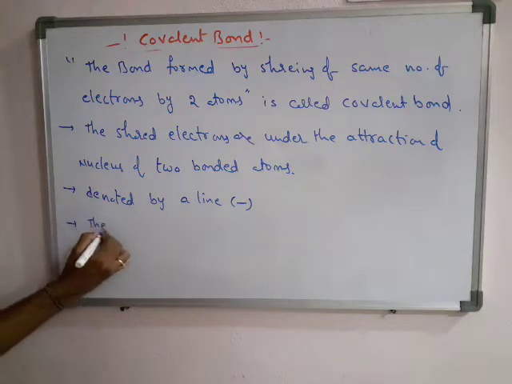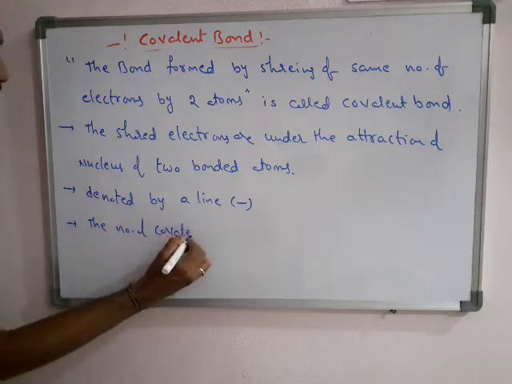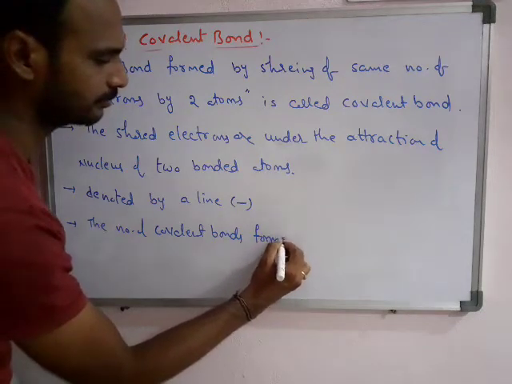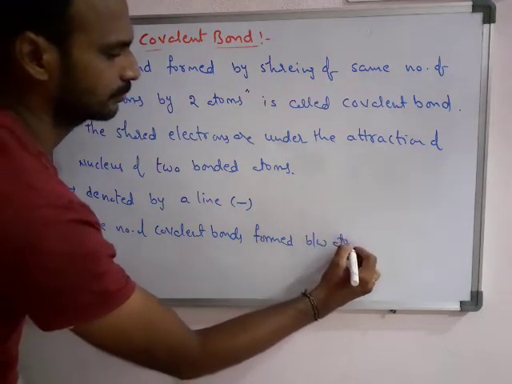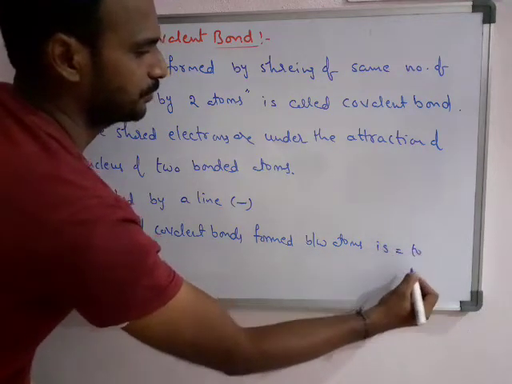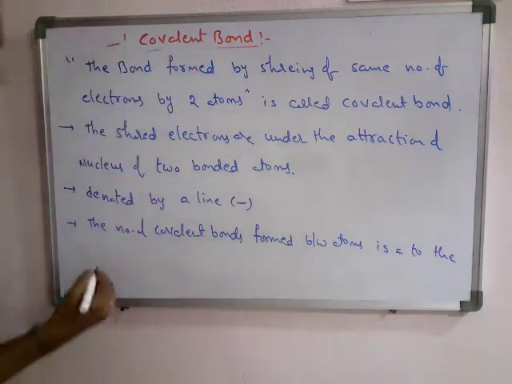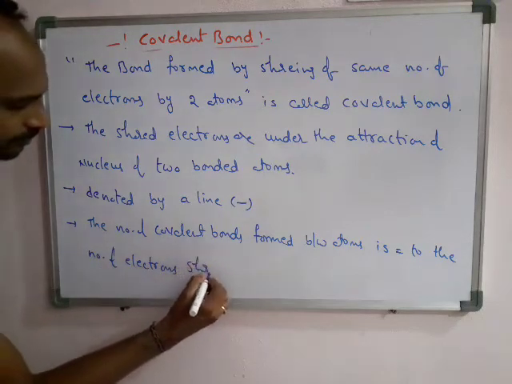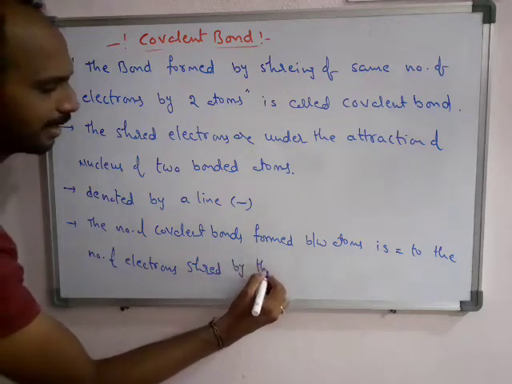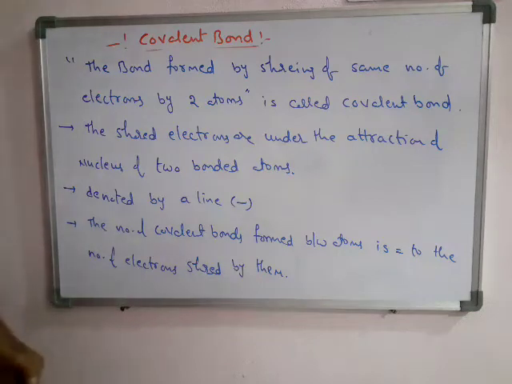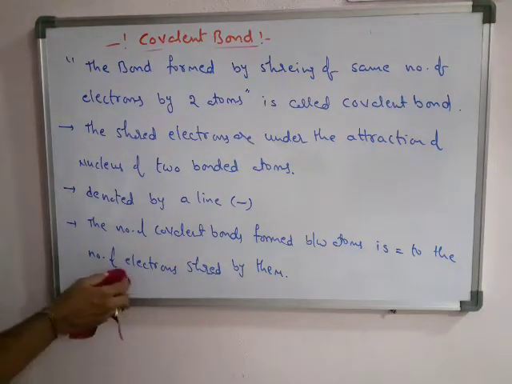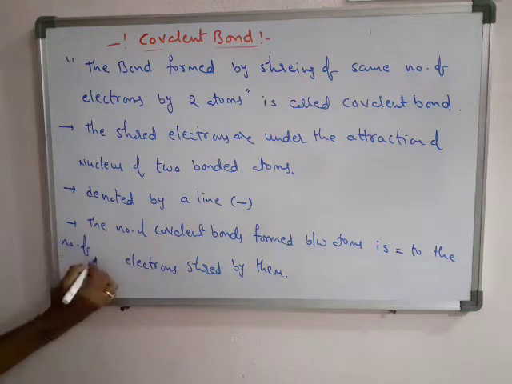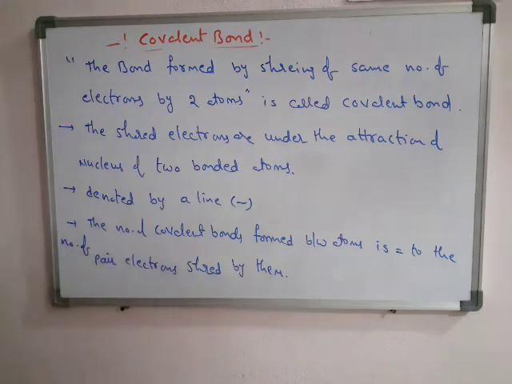The number of covalent bonds formed between atoms is equal to the number of pairs of electrons shared by them.